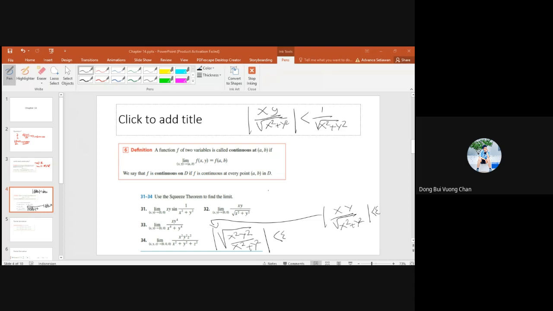And we take the absolute value, so that we have the epsilon. So my epsilon will be the square root of x squared y squared over 2x squared y squared.